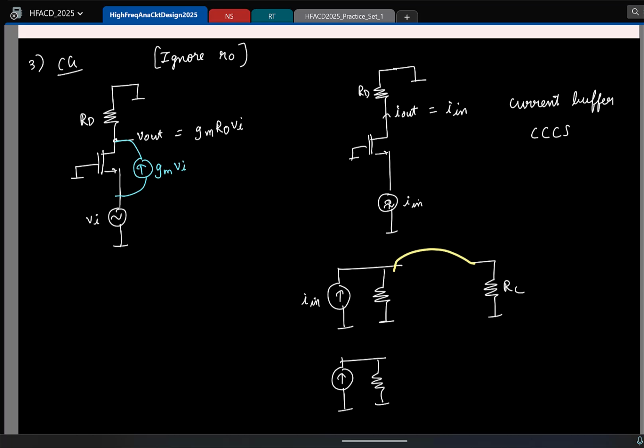What should be the input resistance of an ideal current buffer? 0. Remember, this current buffer has to sense the entire current. So whatever you are putting here must be able to draw the entire current Iin. So which means ideally this should be a short circuit, 0 input resistance, so entire current flows, and then you have this guy mirroring it too.